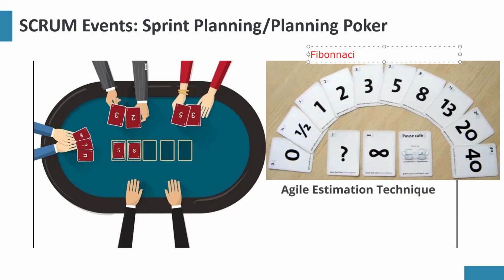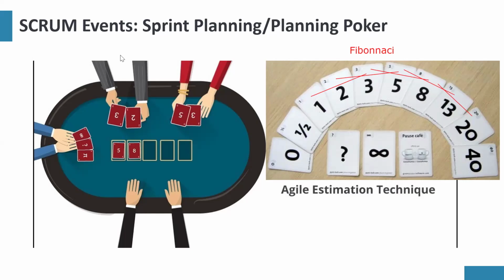Look at it. 1 plus 2 is 3. 2 plus 3 is 5. 3 plus 5 is 8. 5 plus 8 is 13. 8 plus 13 should be 21. So this is not a pure Fibonacci card.